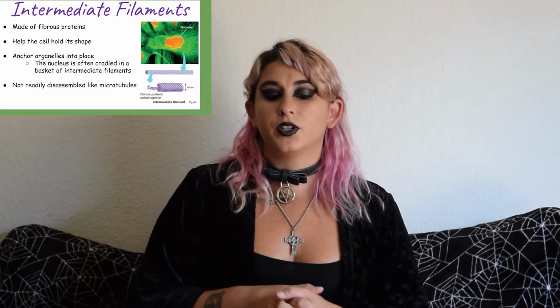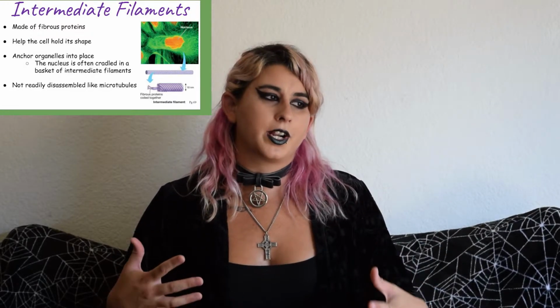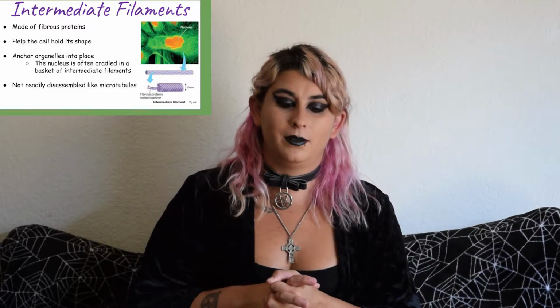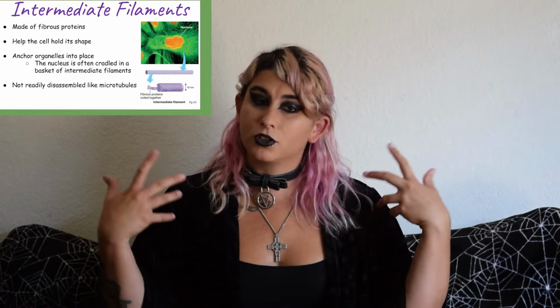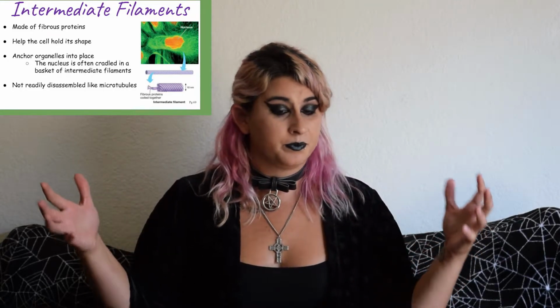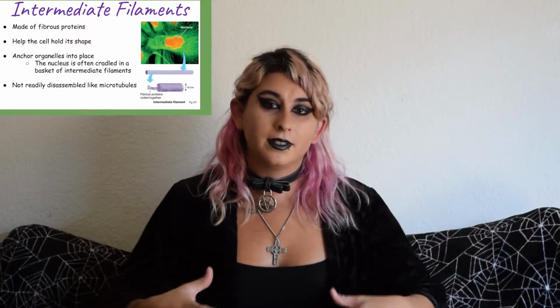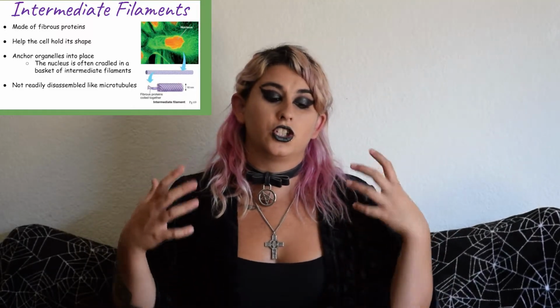Now we're going to move on to intermediate filaments, which are the middle ground for the fibers that make up the cytoskeleton. They're made of fibrous proteins, which is just another kind of protein, and they basically help the cell hold its shape.